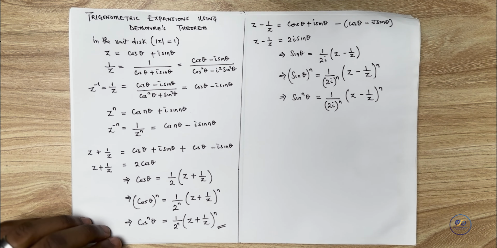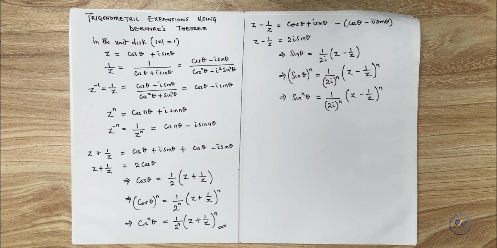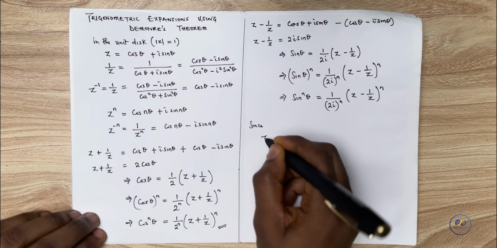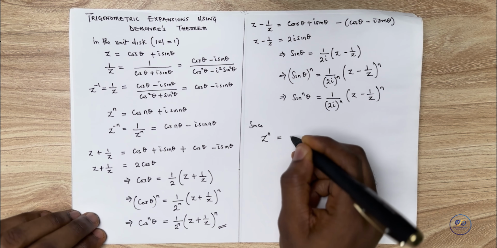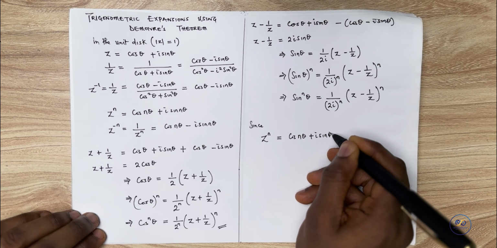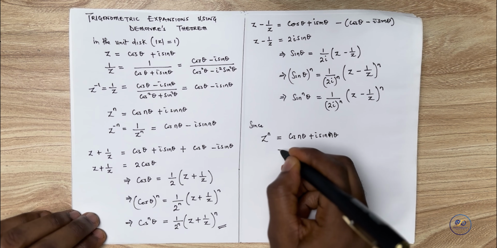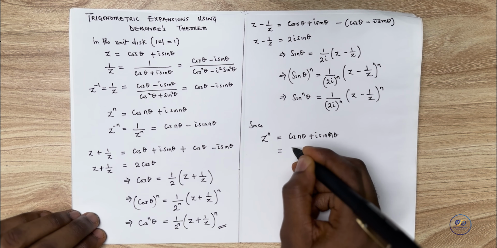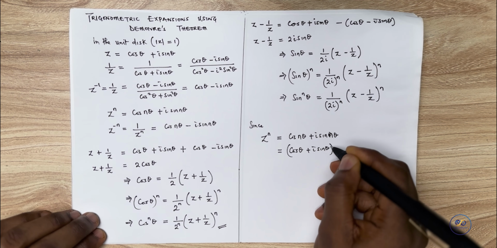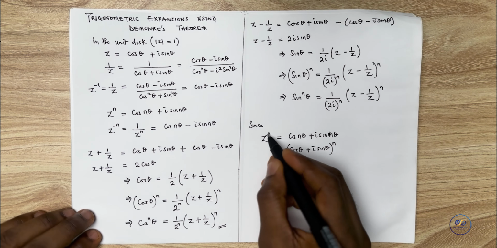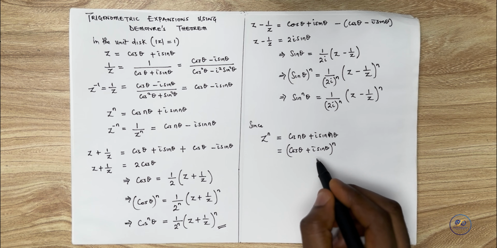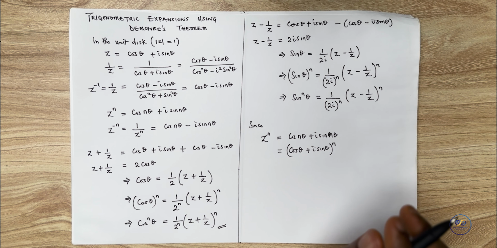However, in the case of cos n theta, what happens in that regard? Well, it's simple to note. Since z raised to the power of n equals cos n theta plus i sin n theta, and we know by De Moivre's theorem that this is the same thing as saying cos theta plus i sin theta all raised to the power of n, of course, because z raised to the power n is just expressible as cos theta plus i sin theta all raised to the power of n.